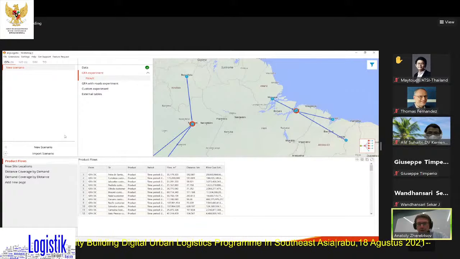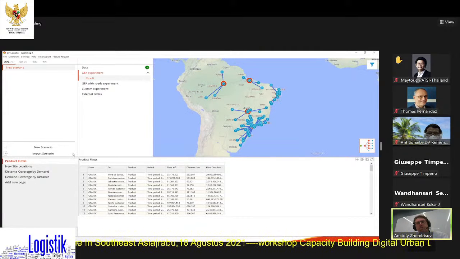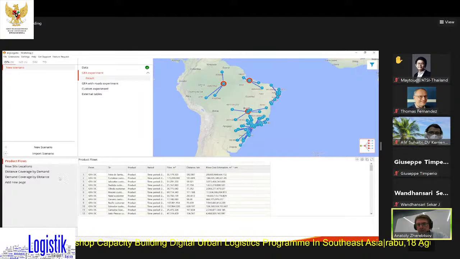So it's a very basic experiment that clusters your demand points and finds the so-called center of gravity based on flow cost estimation, which is actually amount multiplied by distance.